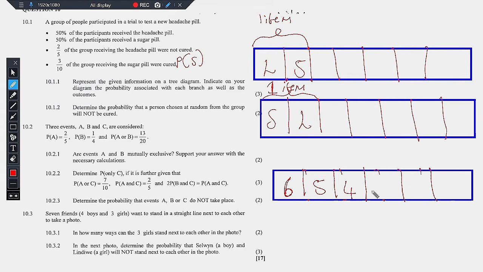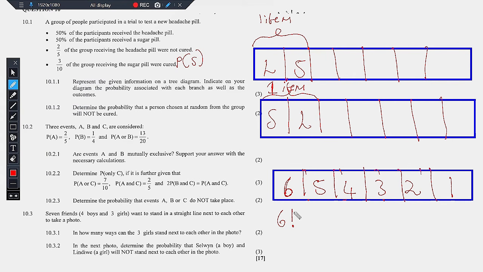The third one, 4 options. The fourth one, 3 options. The fifth one, 2 options. And the last one, only 1 option. So there are 6 factorial ways in which we can place these learners here, if we make Selwyn and Lindiwe one item.